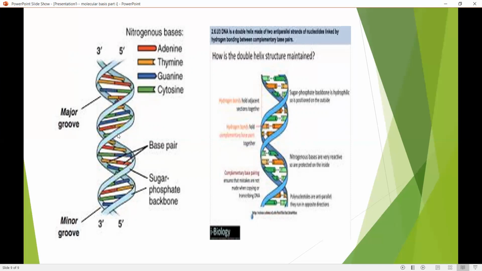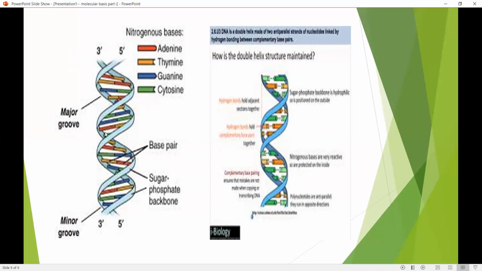How does it turn? When there are 10 nucleotides in this gap, then it turns in the right direction. Again left direction, again right direction, in this way. So in each turn, there are 10 nitrogenous bases, and the internucleotide distance between two is 0.34.